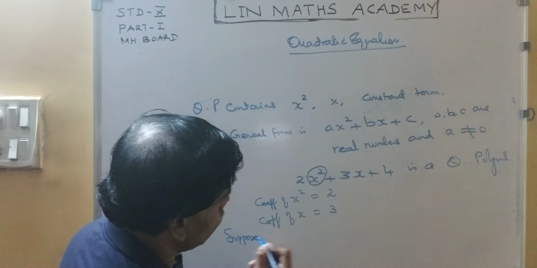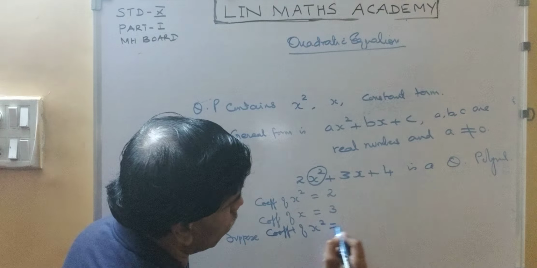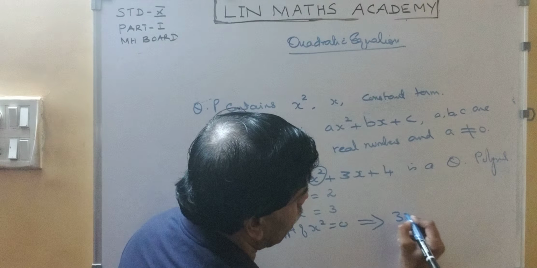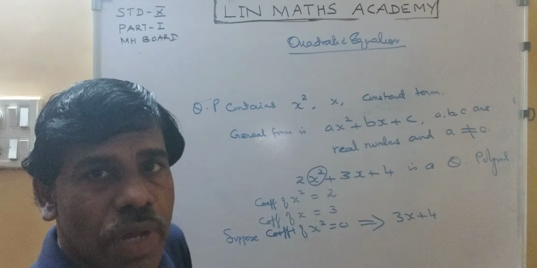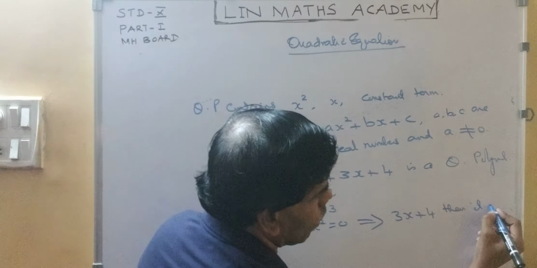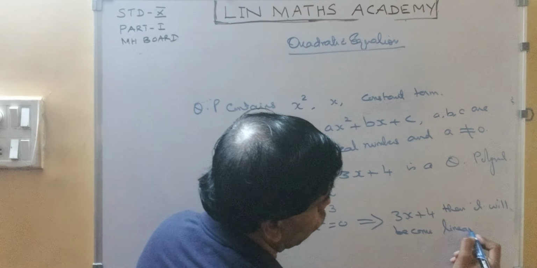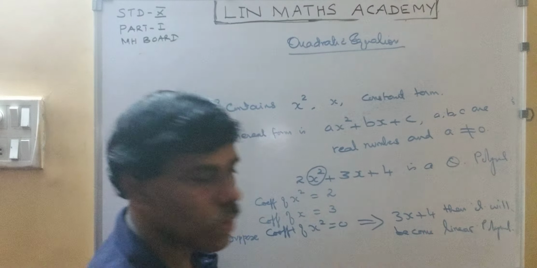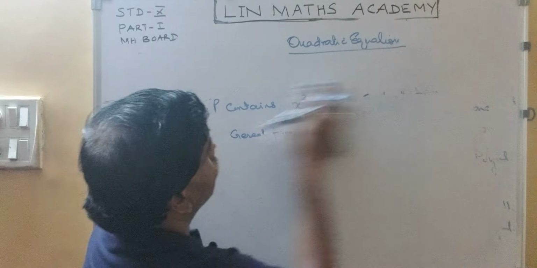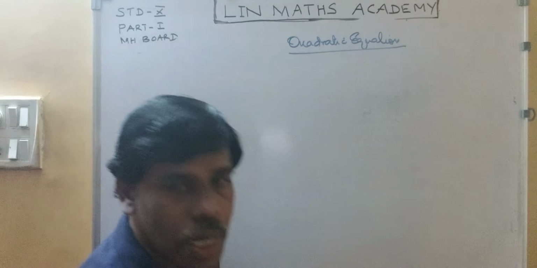The coefficient of x is 3. Suppose the coefficient of x square is 0, then this will become 3x plus 4. Is it a quadratic polynomial? No. Then it will become a linear polynomial. So what is the condition for a quadratic polynomial?